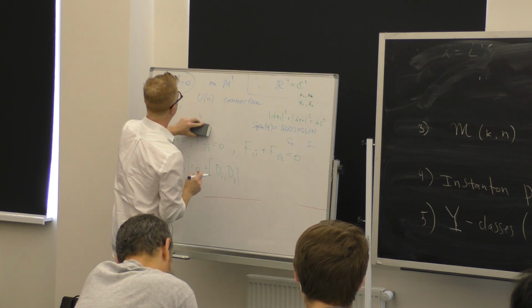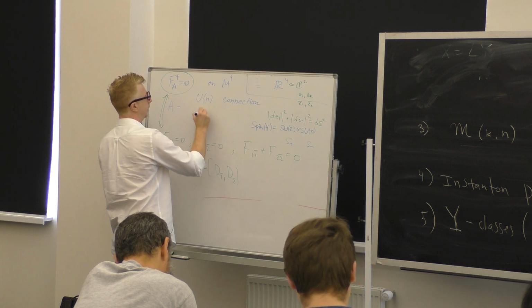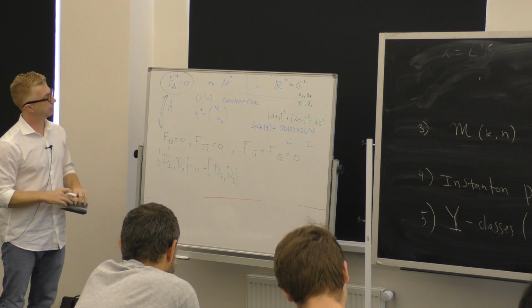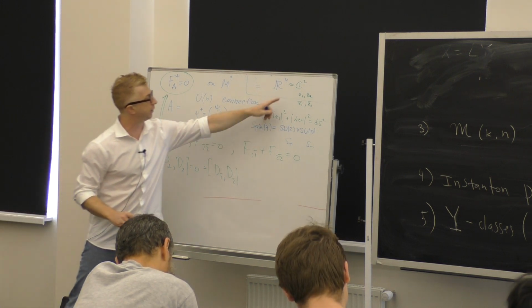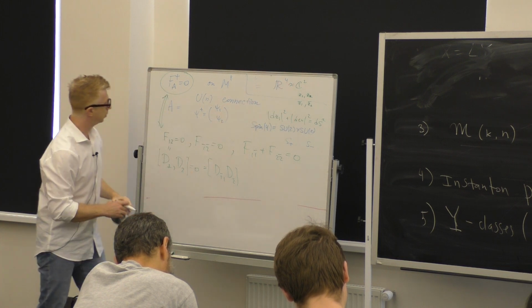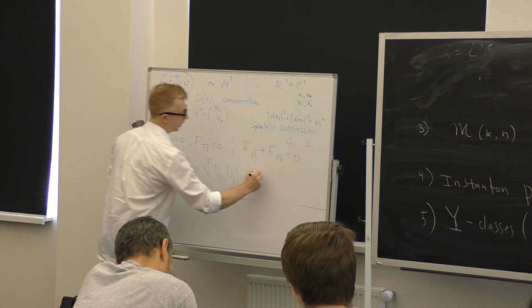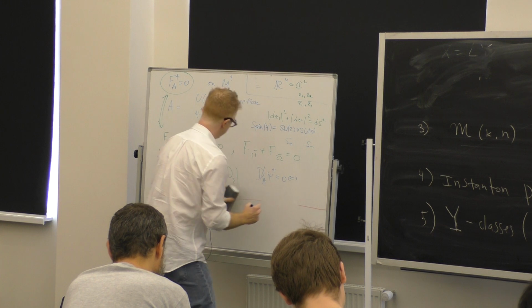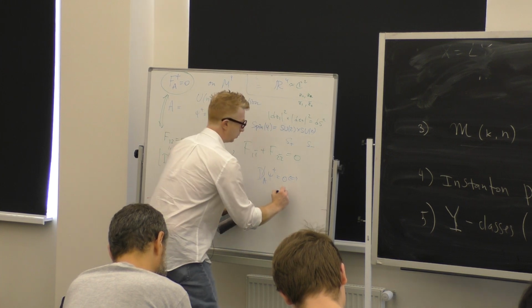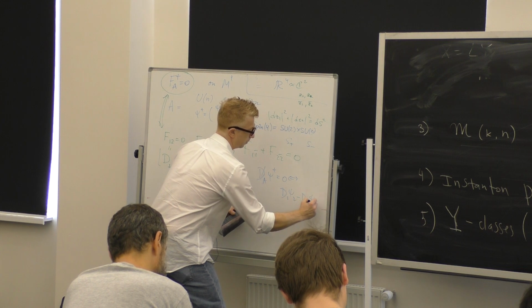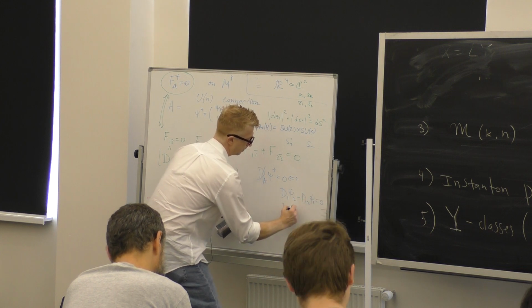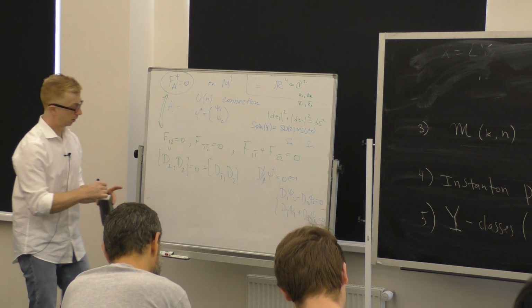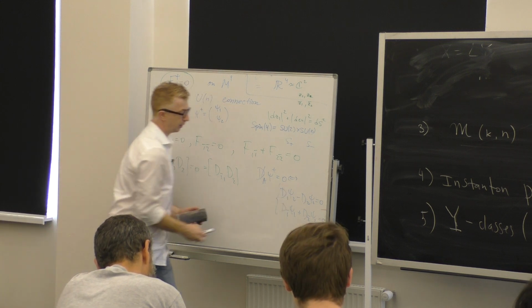If I choose some basis, you can identify psi plus with the space of (0,1) forms on C2. In this basis, the Dirac equation reads as two equations: D1 psi 2 minus D2 psi 1 equals 0, and D1 bar psi 1 plus D2 bar psi 2 equals 0, where D is a covariant derivative.